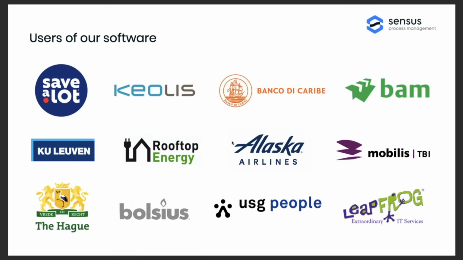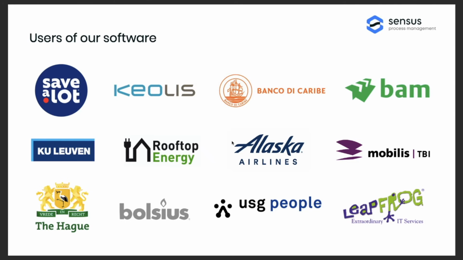Here you see some of our customers who use our software, and you see it's all kinds of different organizations. For us it doesn't matter in which branch you are working. Every branch has its own processes, and the nice thing about our software is that you can add your own information fields to any of the icons we use in our software. I will show you that later, but you can make a tailored system especially for your organization.